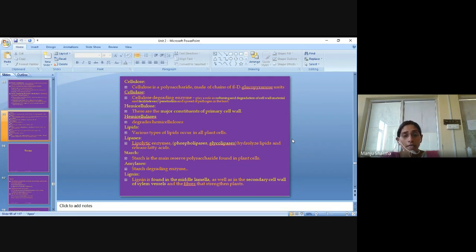Then amylase is a starch degrading enzyme. Lignin is found in the middle lamella as well as in the secondary cell wall of xylem vessels and the fibers that strengthen the plant.